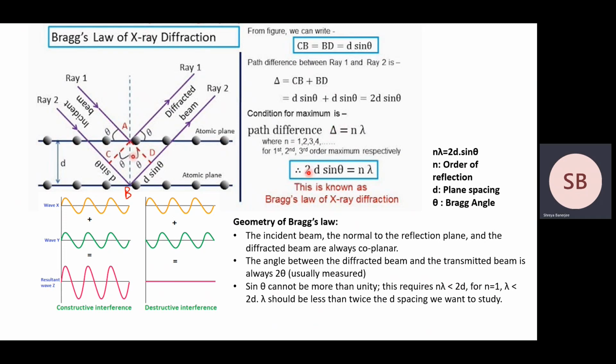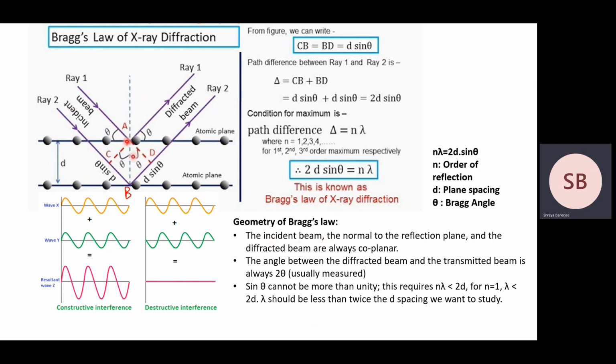So the path difference 2d sine theta is n lambda. And this is Bragg's law of X-ray diffraction. Here n is called the order of reflection, d is the spacing between two lattice planes, and theta is called the Bragg angle.